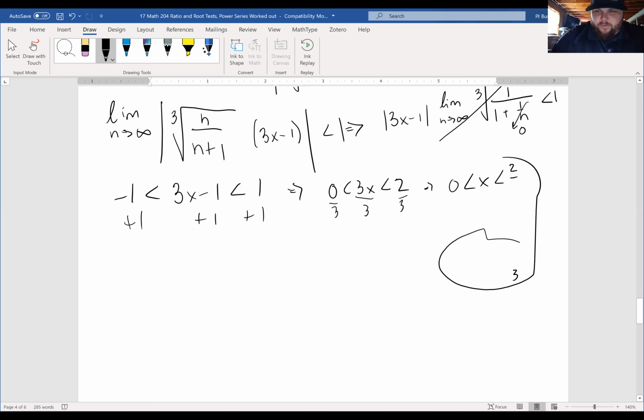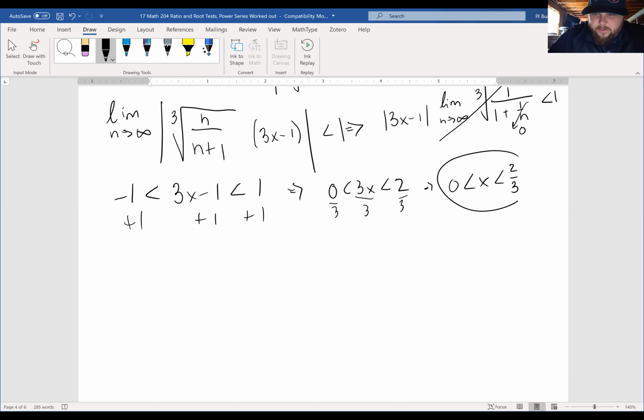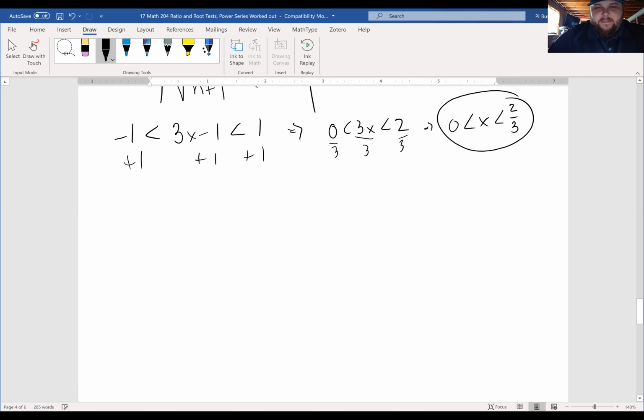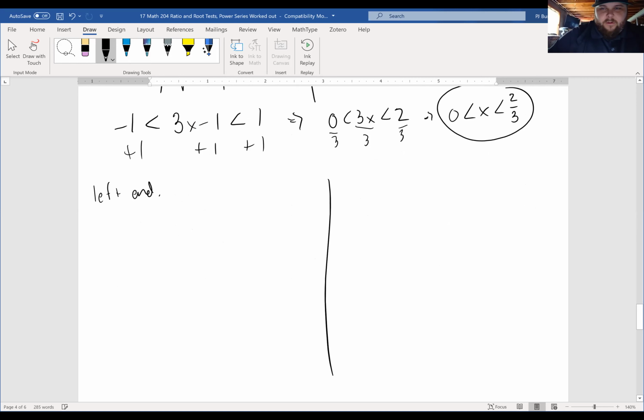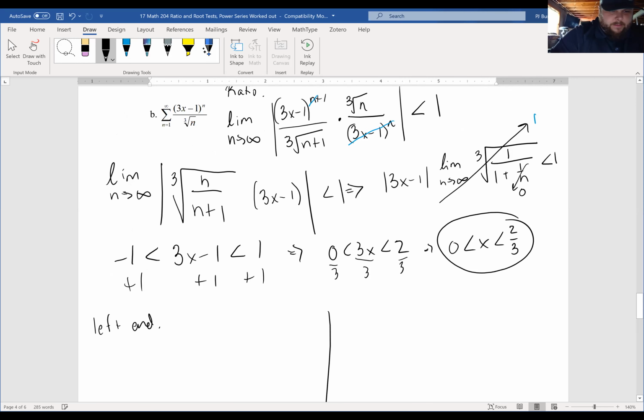My computer, what are you doing? There we go. And I need to test the endpoints. So left endpoint means I plug 0 into the original summation.